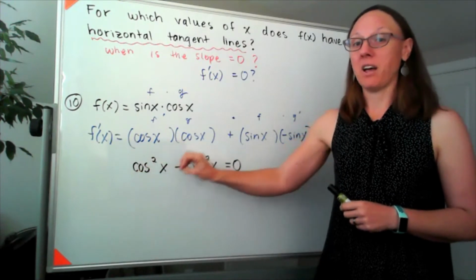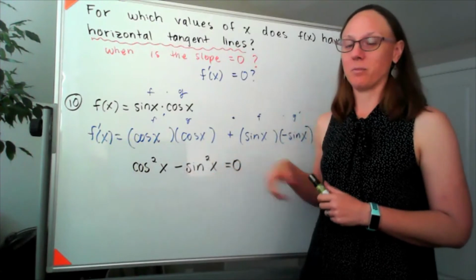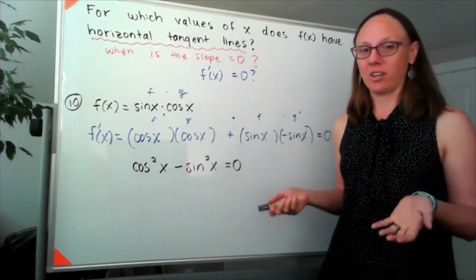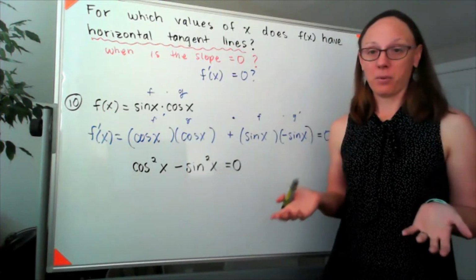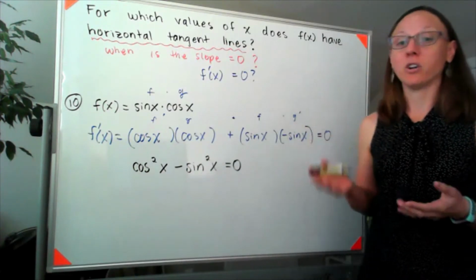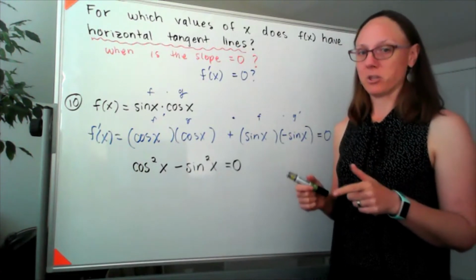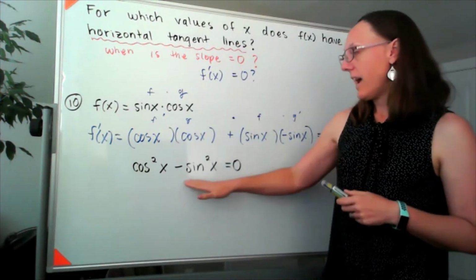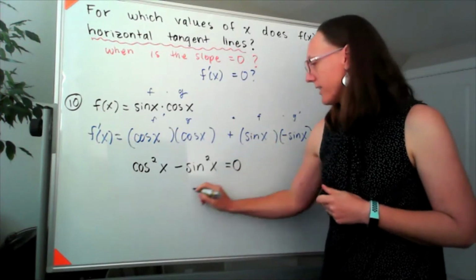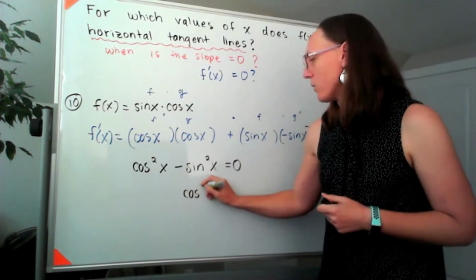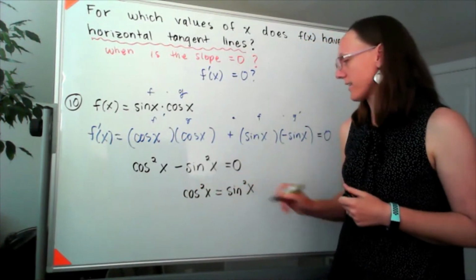Cosine squared x plus sine squared x would be equal to 1, but we're actually looking for where this is equal to 0. There are a couple of ways that we could get through this, and we could certainly think about some other trig identities, but I've got a better option. I'm going to add the sine squared x to the other side so that this looks like cosine squared x is equal to sine squared x.